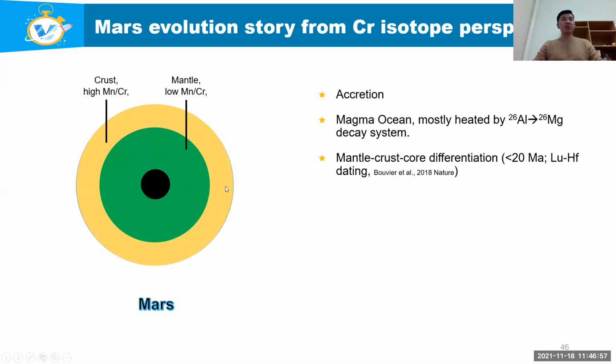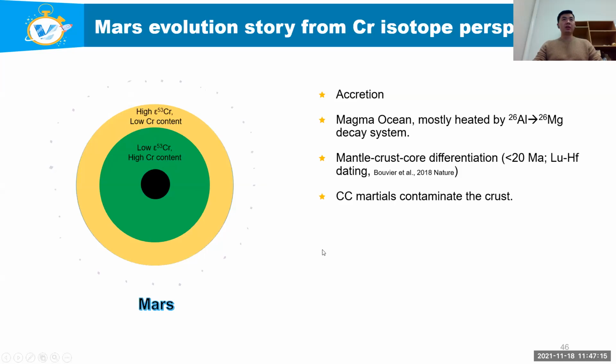After the mantle-crust differentiation, the Martian crust has a high manganese-chromium ratio, higher than the mantle. And as a result, the crust has higher epsilon 53 chromium values than the mantle.